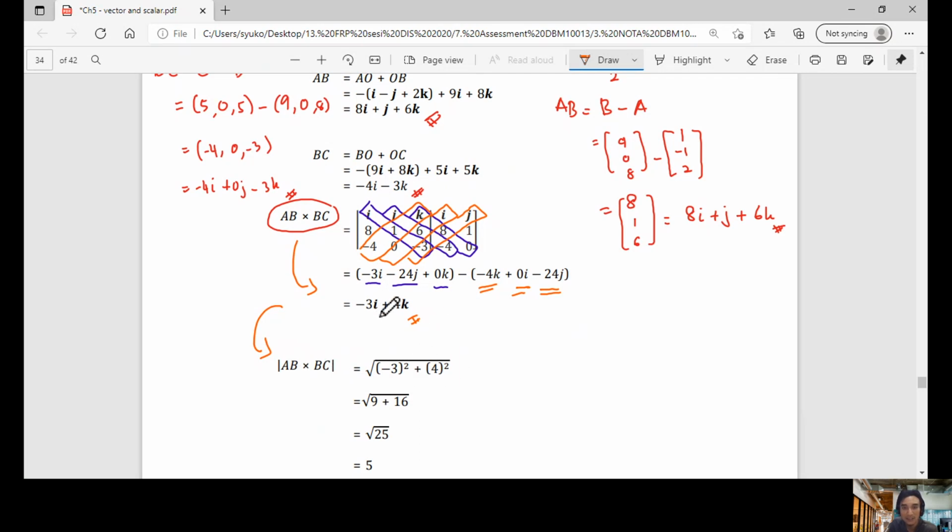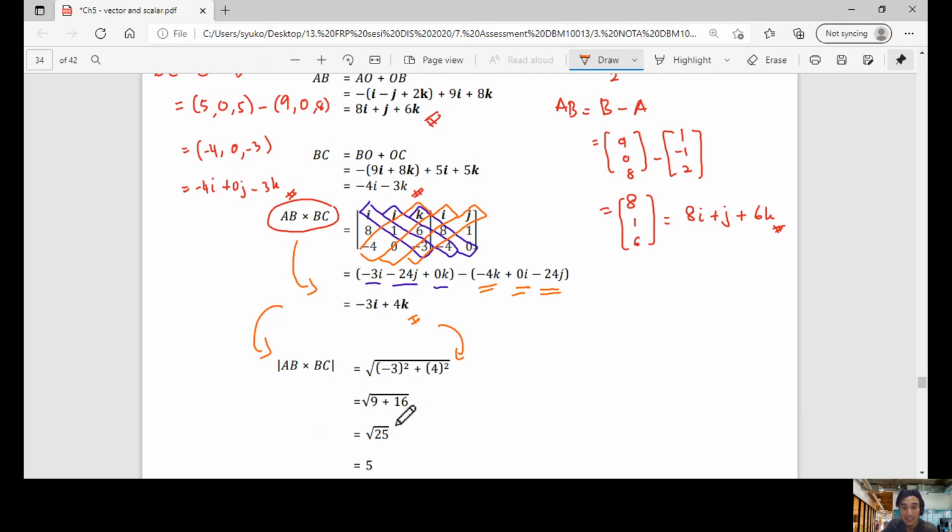So we just put in this formula, which is negative 3 squared plus 0 squared plus 4 squared. So we sum all of the values, and then we just square root the value.